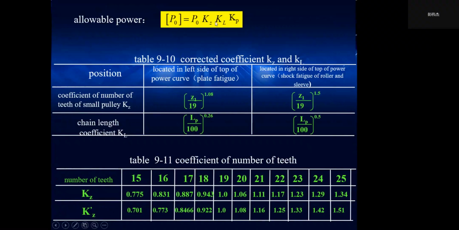This is called the coefficient of number of teeth Kj. If the number of teeth is 15, the Kj is 0.775. We can obtain the Kj from this table, or we can calculate it using this formula, okay?